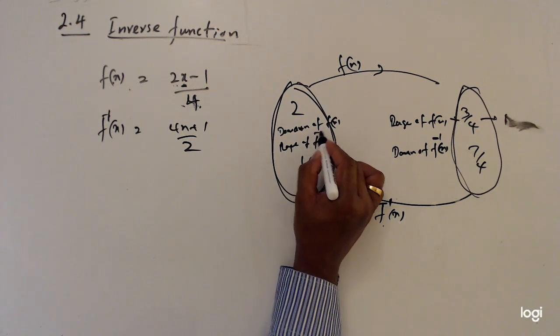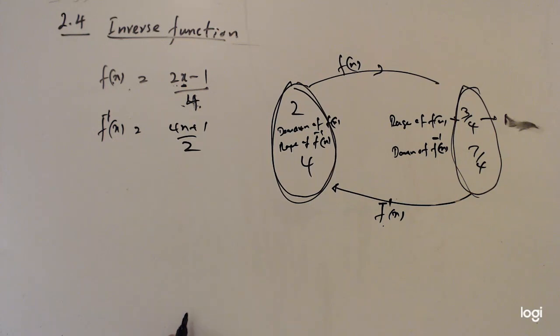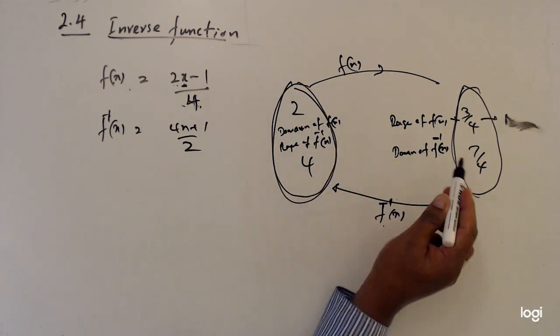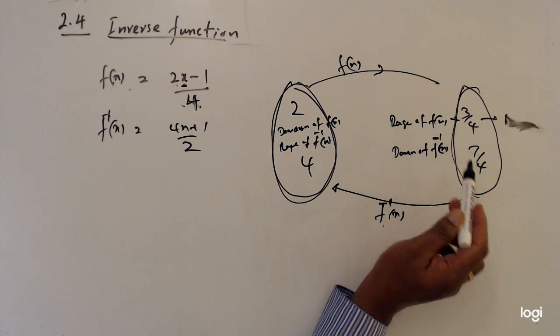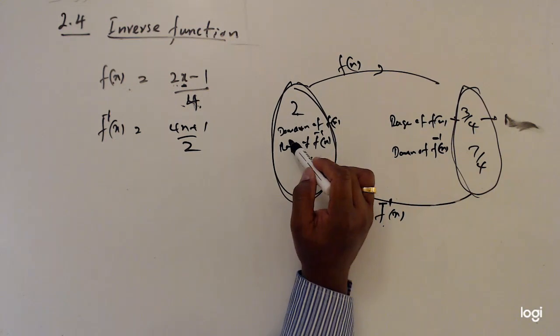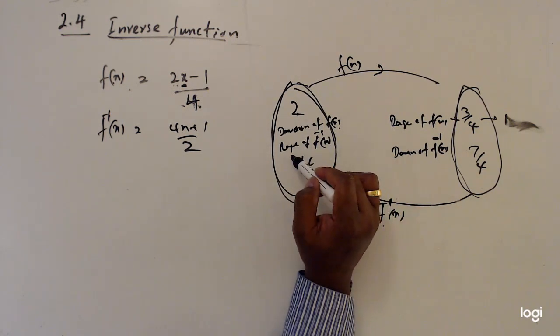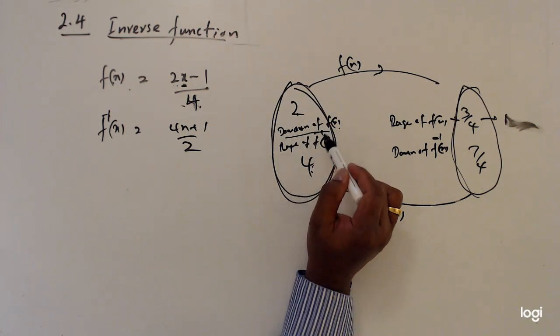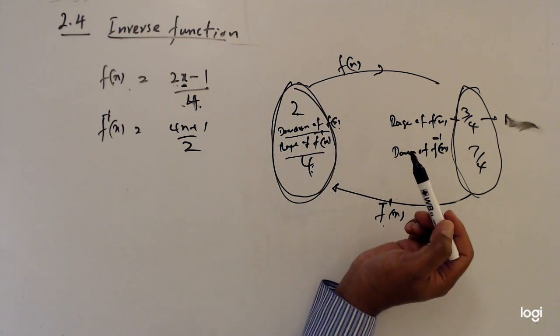The range of f inverse x. Now you can see the same stuff with two different names: 2 and 4, we call the domain of f(x) or the range of f inverse x.